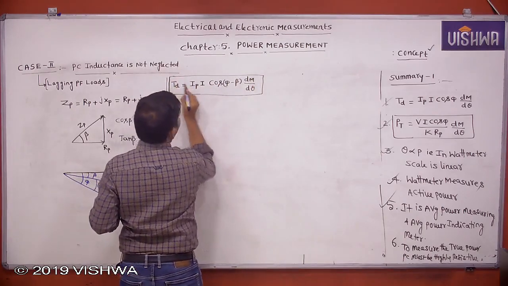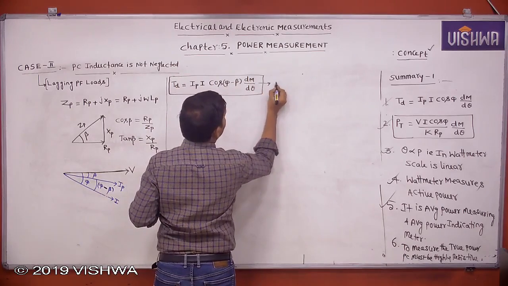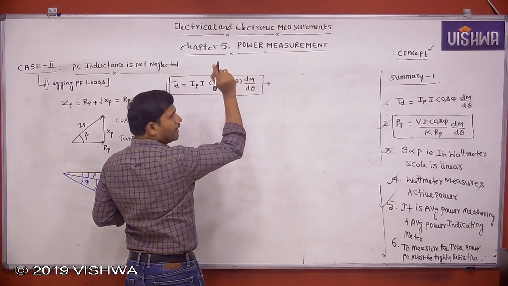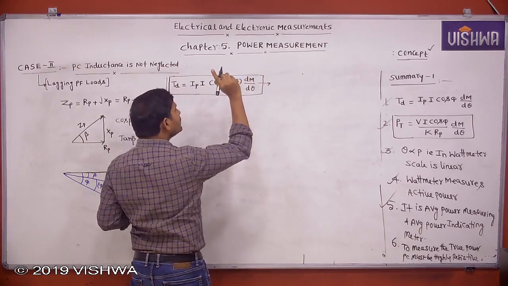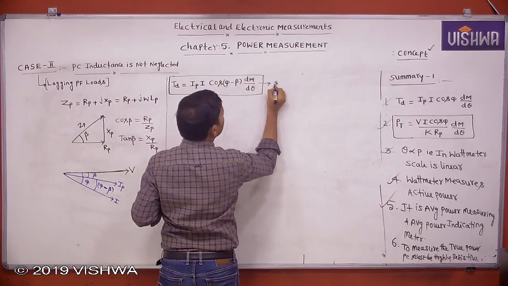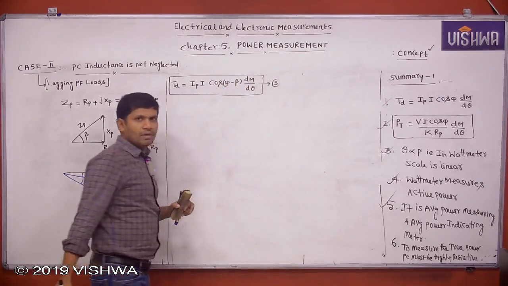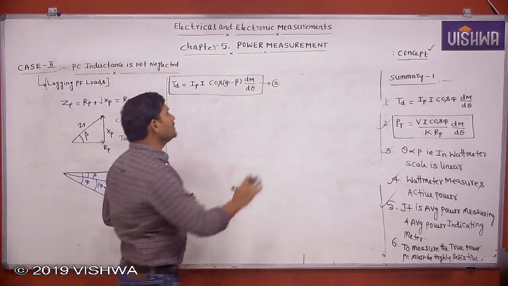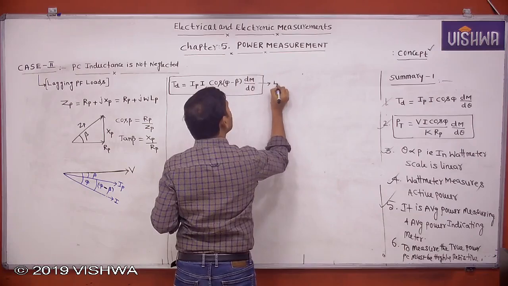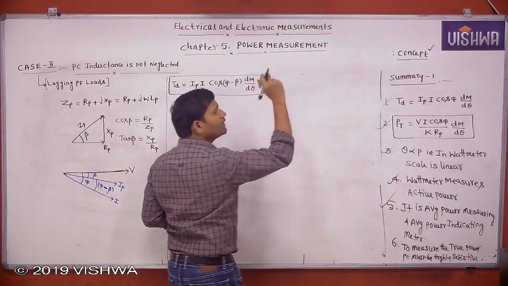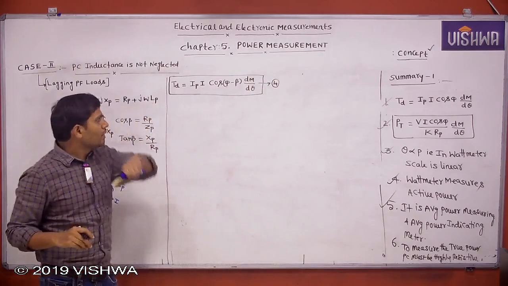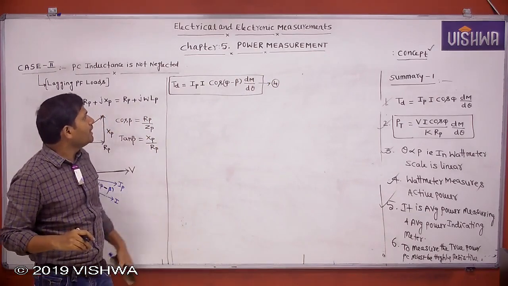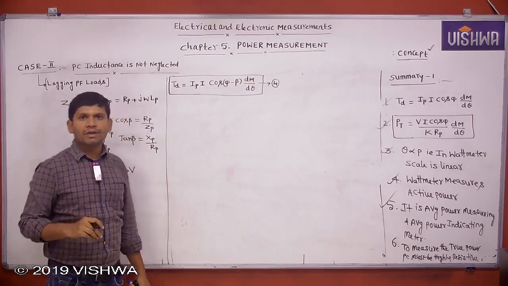Case 2 is the practical case. Let these be equations 1 and 2, then equation 3, and in case 1 I covered 3 equations, so this is equation 4: Td equals Ip into I into cos of phi minus beta into dM by d theta.